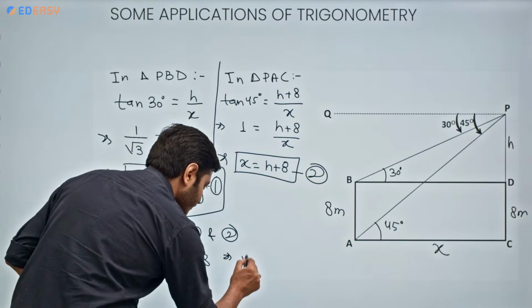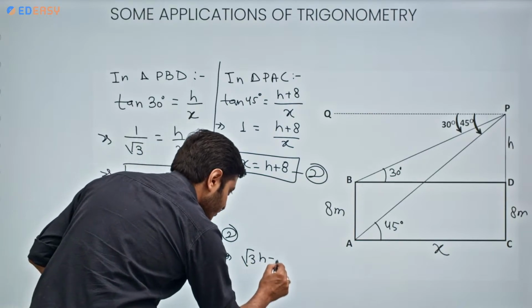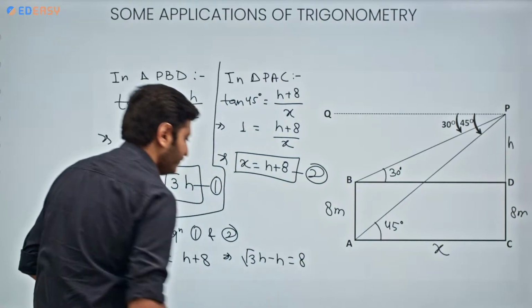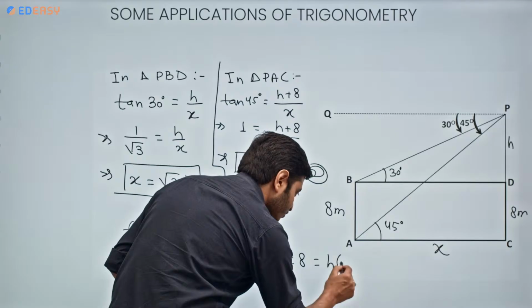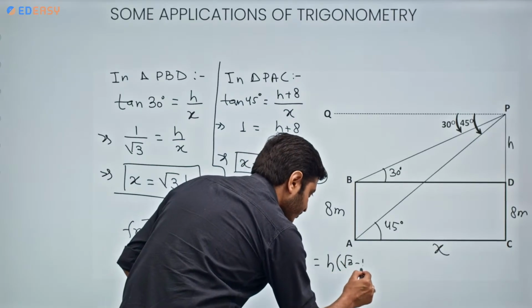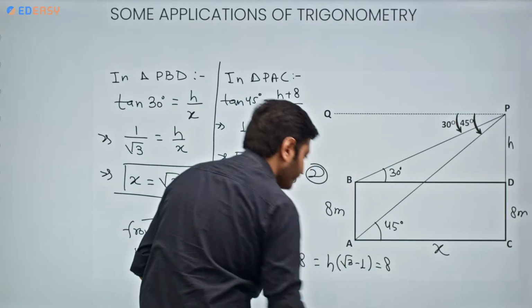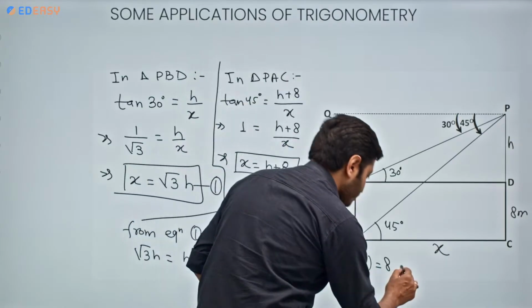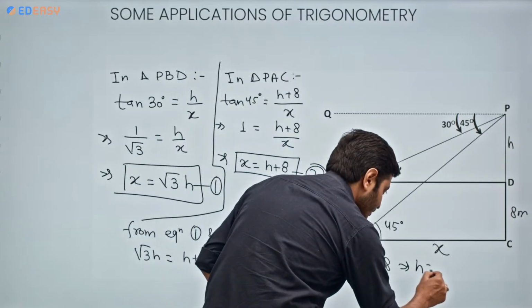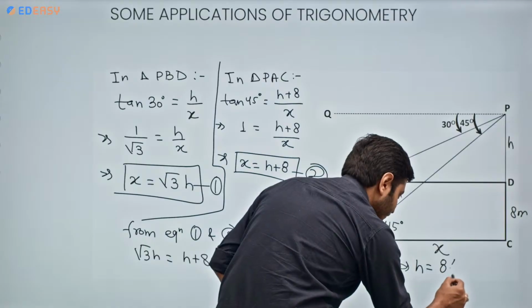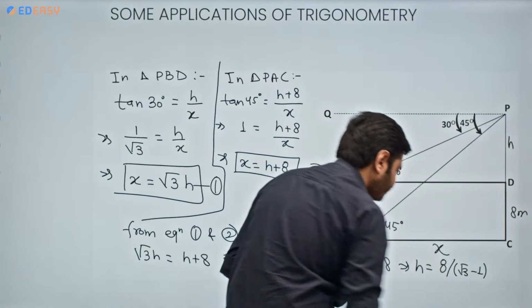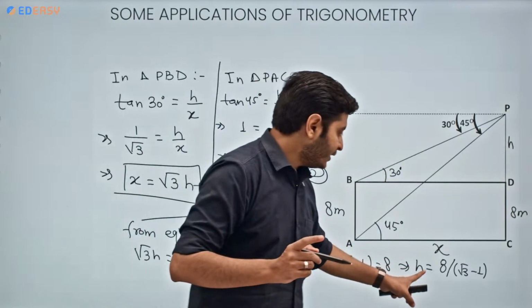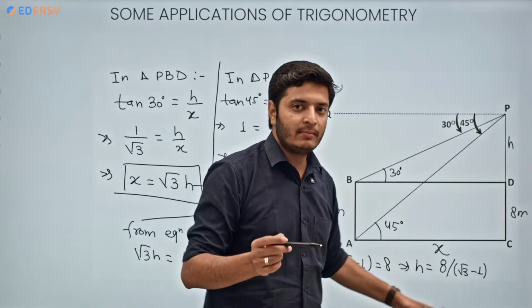So it will be root 3 H minus H is equal to 8. We can take H common. So it will become H into root 3 minus 1 is equal to 8. From here, the value of H that we get is 8 divided by root 3 minus 1.